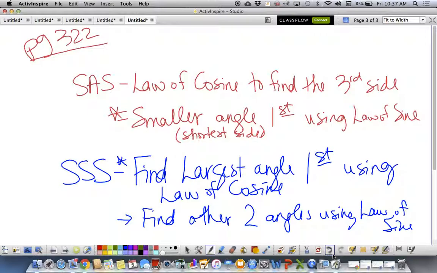Cosine does not work that way, because if it's in the second quadrant, meaning if it's an obtuse angle, that decimal number will be negative. But if you have found a smaller angle, it'll still give you the correct decimal number. But when you use the law of sine, if it had been obtuse and you didn't know it, the sine would not give you an acute angle when it should.